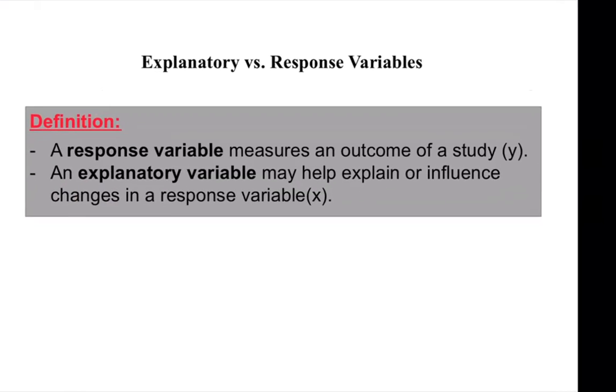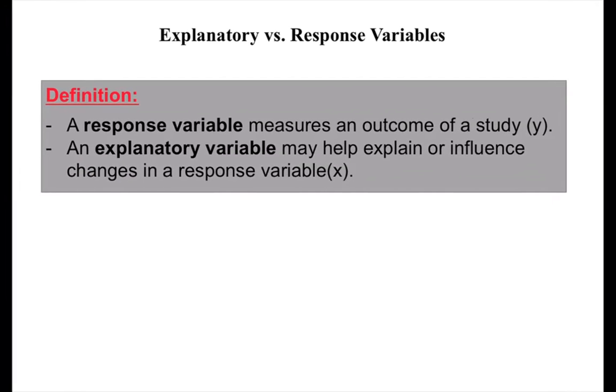So what are we comparing? We're comparing an explanatory variable and a response variable. The response variable is the outcome. What is the outcome of the explanatory? Something is introduced, it causes a reaction. How do you measure it? That's the response. Whatever is being introduced is called the explanatory variable.